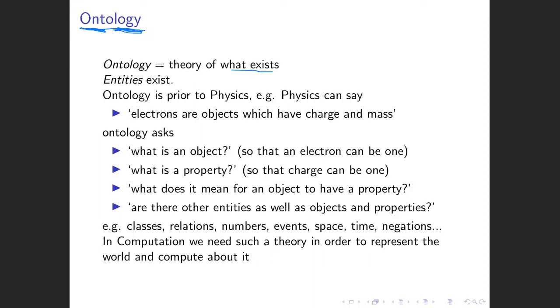So we're not really going to say anything here about what the actual real world is made of, but we're going to talk about how we perceive the world and how we can represent it as human beings. And that, I think, is sufficient for the representations that we put into a computer. So you might want to quantify this, right? The theory of what exists in human perception. It all sounds rather less grand.